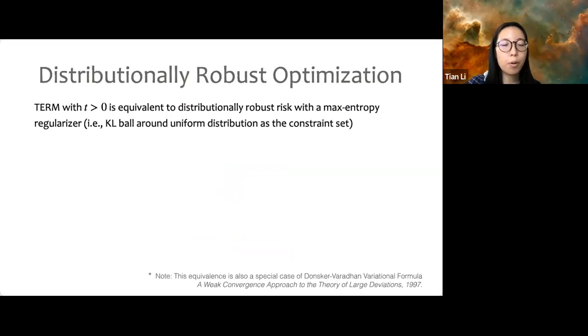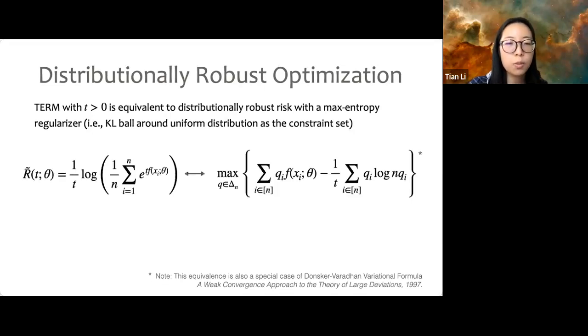Another important connection between the TERM objective and other previous objectives is with distributionally robust optimization. Distributionally robust optimization is another type of non-ERM objective, where instead of minimizing the average loss, it minimizes the worst-case loss. The worst-case loss is constrained by some uncertainty set around the empirical distribution.